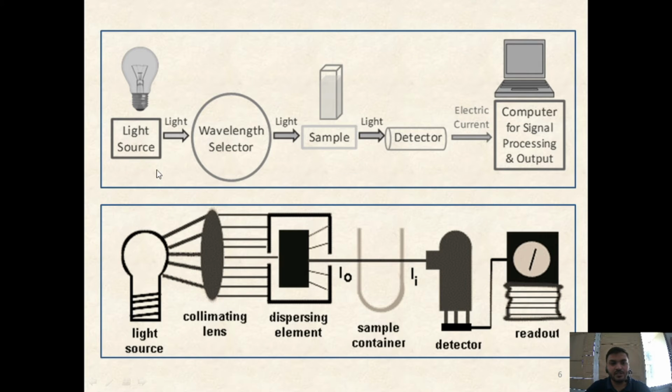So this is the complete diagram of UV visible spectrophotometry. First of all, light source, wavelength selector, sample, detector, and then an electric current is fed to the particular system or computer or signal processing output.